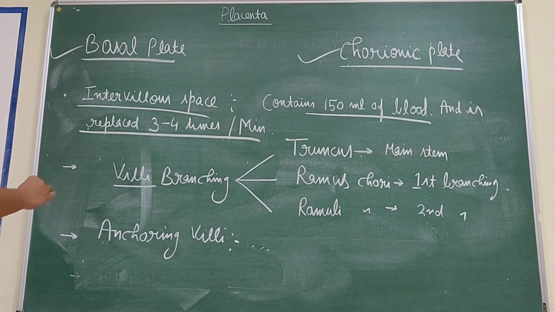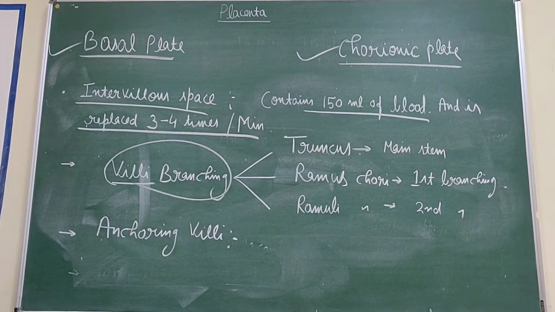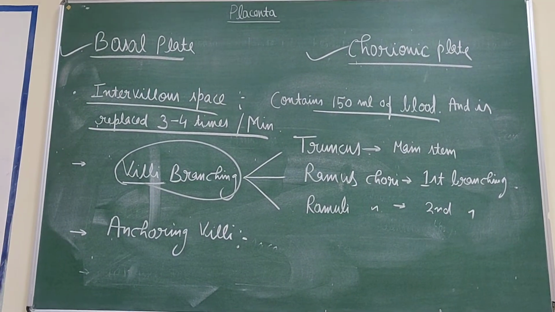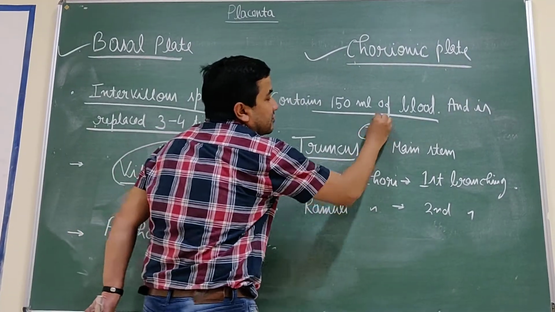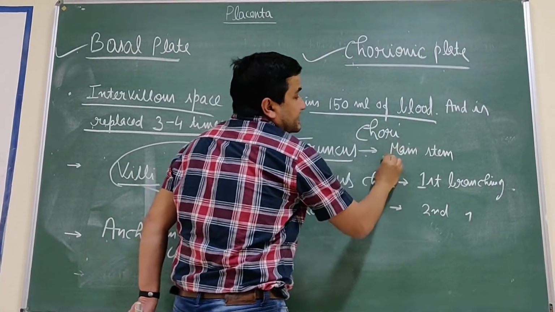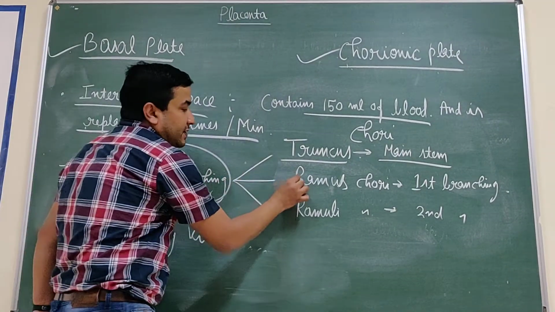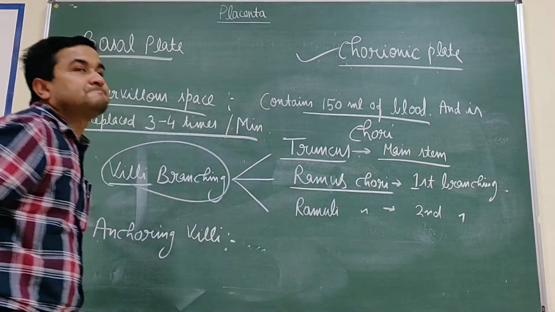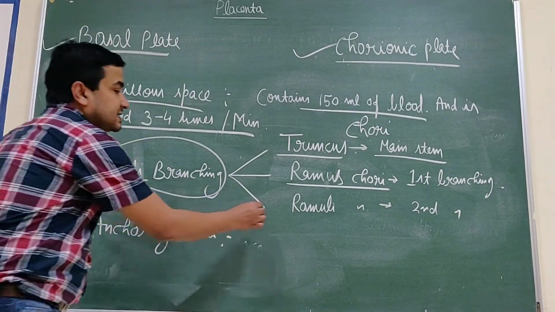Then, as the villi develop, it undergoes branching. The main stem is known as the truncus chorii. It is the main stem. The branches that emerge from the main stem are the ramus. And the branches that arise from the ramus are the ramuli.